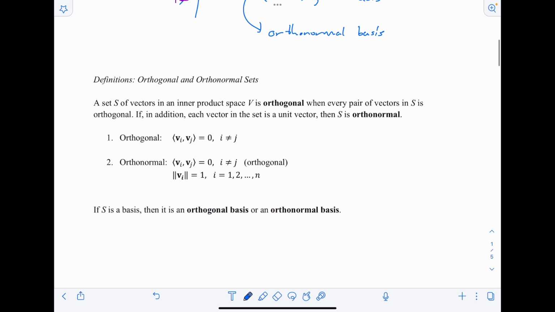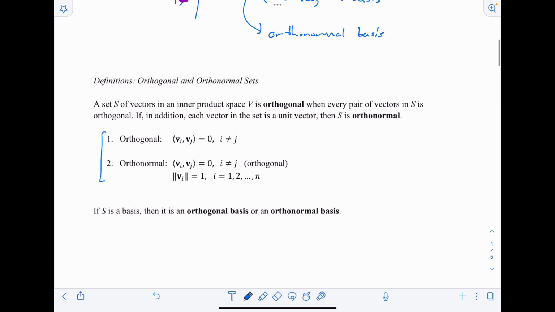So mathematically, symbolically, this is what we've got here. Orthogonal simply means that if we take the inner product of two vectors, it's going to be 0. For our purposes, we're going to stay in the n space of R, so we're going to deal with the dot product. If I take the dot product of two vectors and it's 0, that means those vectors are orthogonal. And that would be true of any two vectors that we pick in that basis.